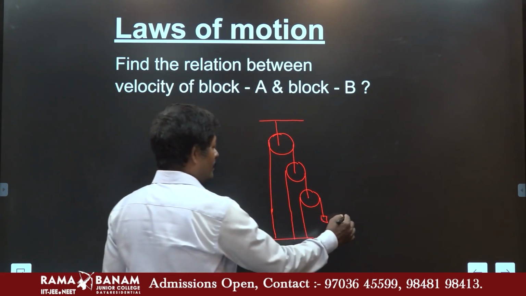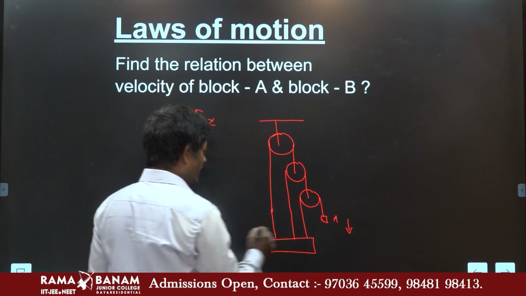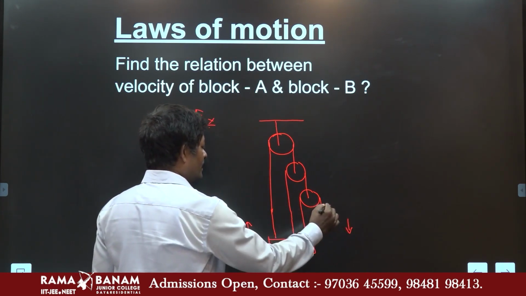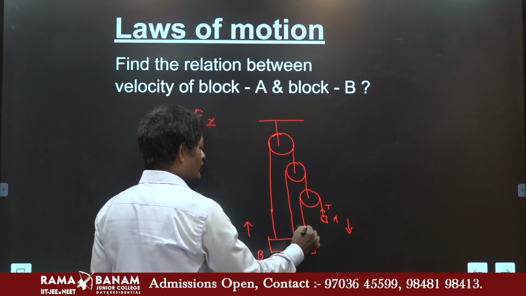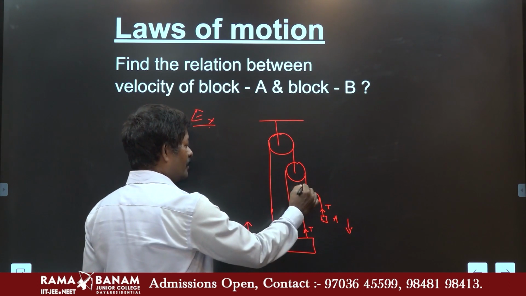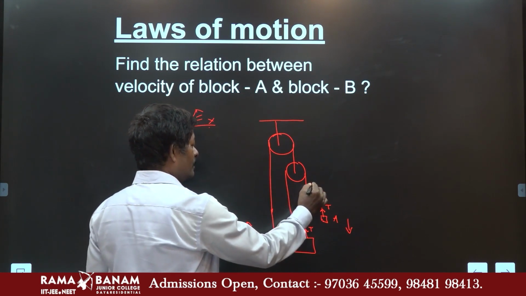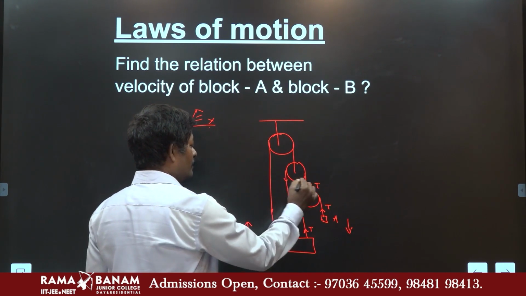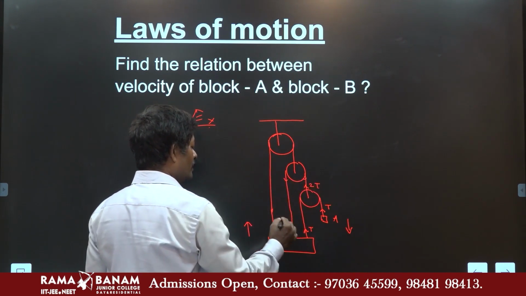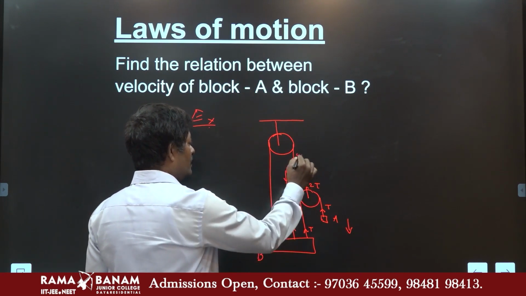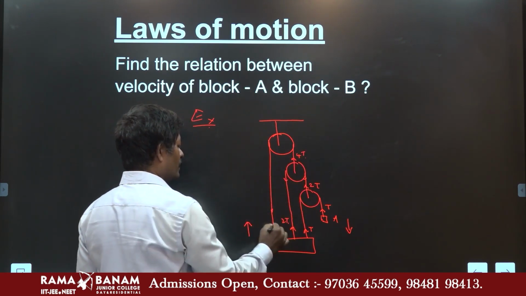Let us say this A comes down and B goes up. Tension here, let us say T, here also T. Same string, so same tension will be there. Here it will be 2T, here also 2T, and here you have 4T.